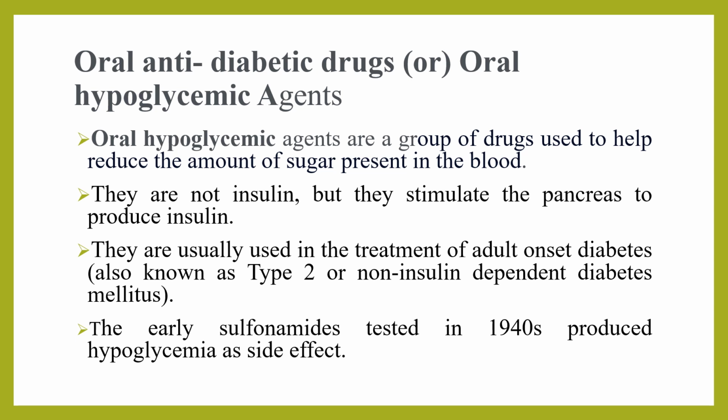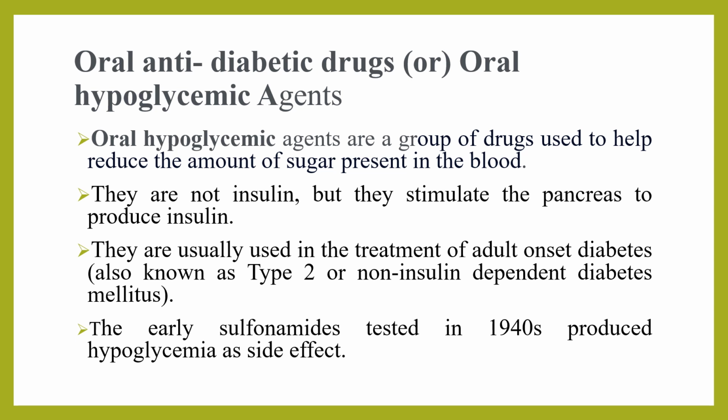They are not insulin, but they stimulate the pancreas to produce insulin. They are usually used in the treatment of adult onset diabetes, that is type 2 diabetes, otherwise known as non-insulin dependent diabetes.